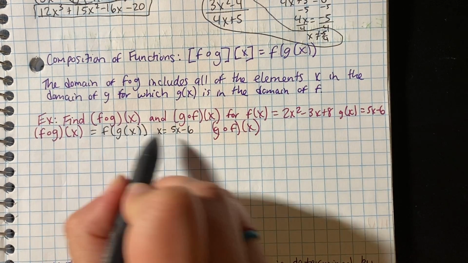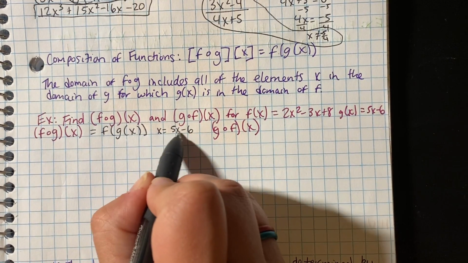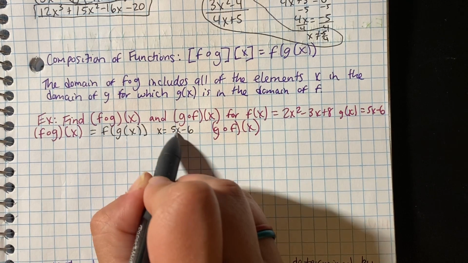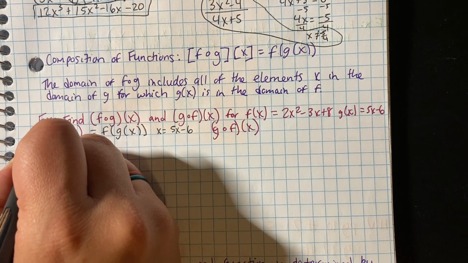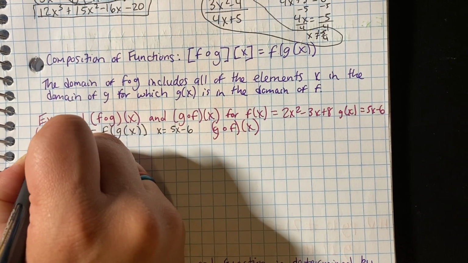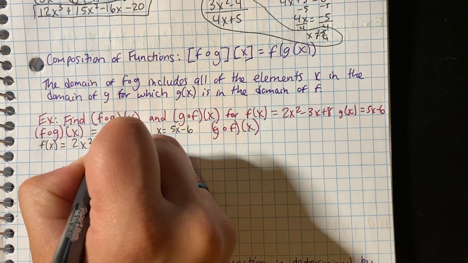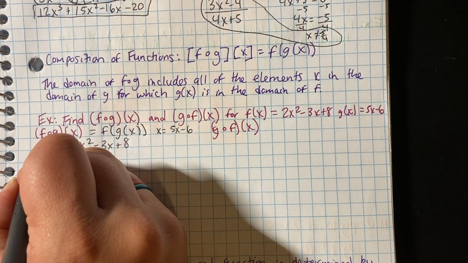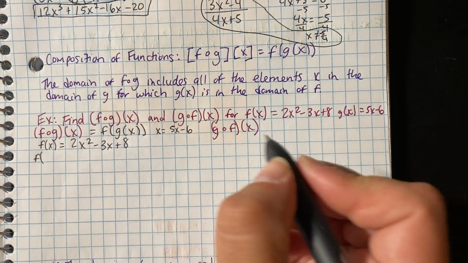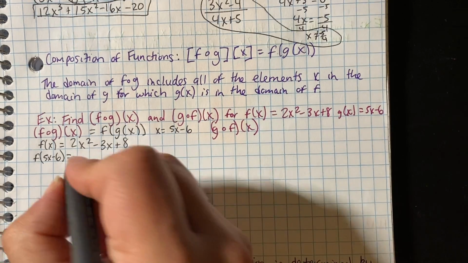So we're really just putting this in for the x's. So we have f of x equals 2x squared minus 3x plus 8. Okay, so I'm actually going to put this g of x, which is 5x minus 6, into all those locations.